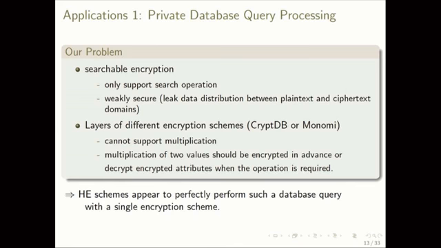There are several options. The first thing we can think about is searchable encryption, but it only supports the search operation, and it is weakly secure because it leaks the data distribution between plaintext and ciphertext domains. The other option is using cryptosystems with layers of different encryption schemes, such as CryptDB and Monomi.